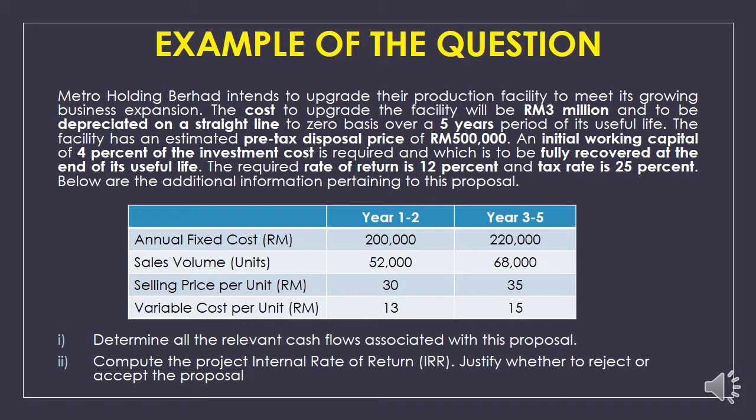To start with the calculation of after-tax cash flow, you can refer to this example question. Based on this question, Metro Holding Berhad intends to upgrade its production facility to meet its growing business expansion. The cost to upgrade the facility will be RM 3 million, and this sentence mentions that the cost to upgrade the facility will be 3 million.